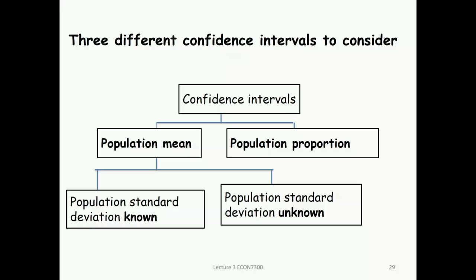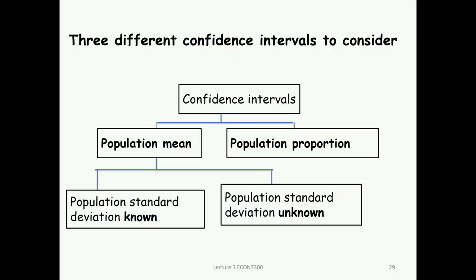If the population standard deviation is known, I use the Z table. If it is unknown, I use the T table. Again, if it is known, I use sigma, the population standard deviation. But if it is unknown, I have to use the sample standard deviation.